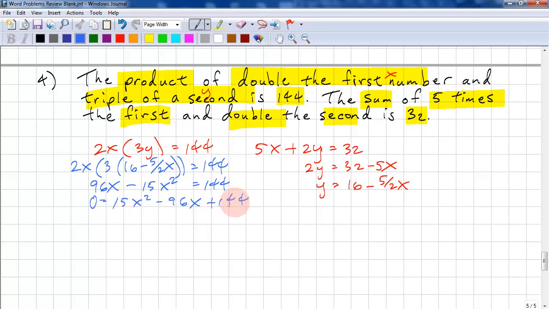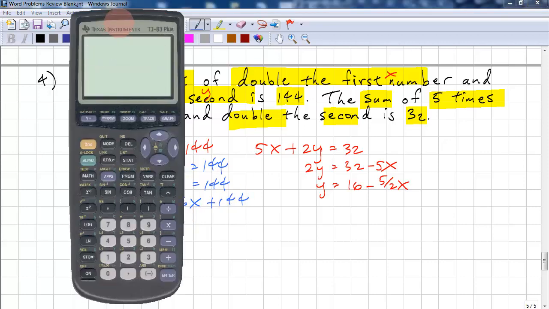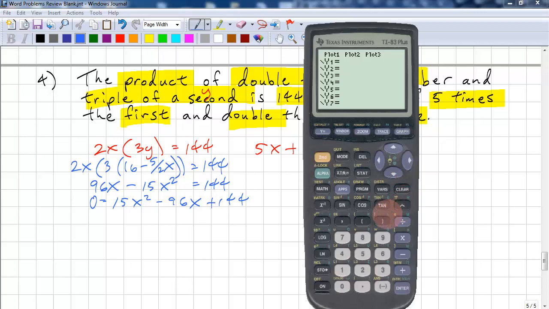One way to calculate this is to use your calculator. And all we have to do is go 15x squared minus 96x plus 144. And let's reset the window to a standard window.